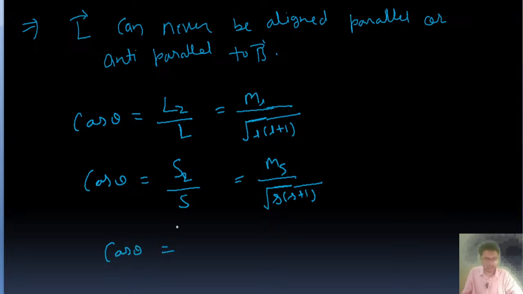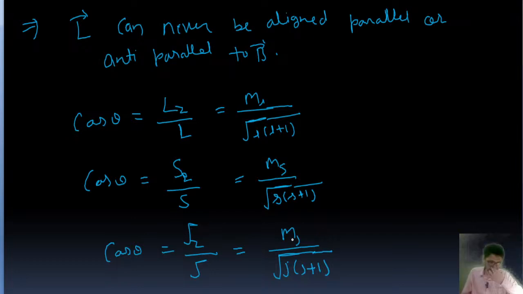And cos theta value for J is going to be Jz upon J, that is Mj upon root J into J plus 1. Okay, this is the value.